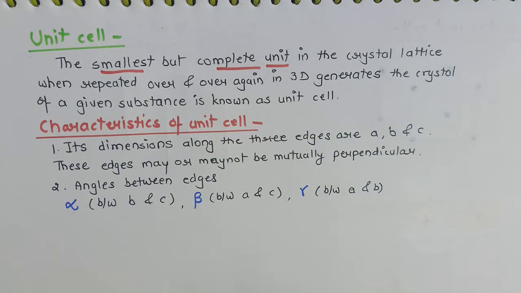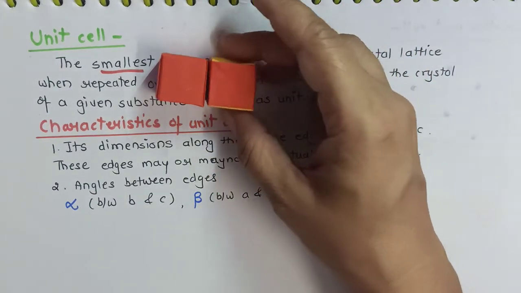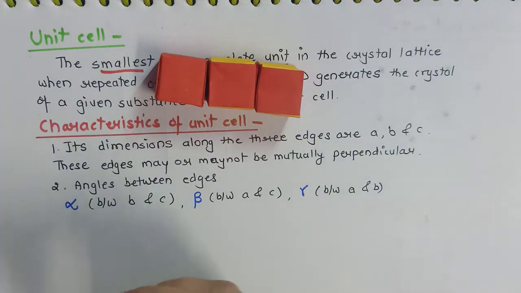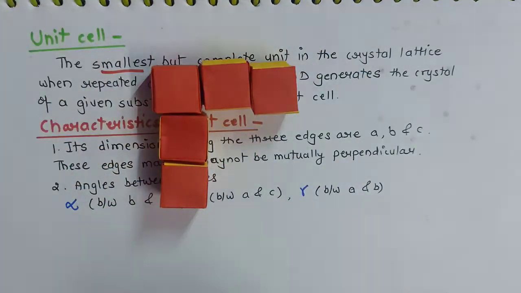When we arrange unit cells in 3 dimensions, in x, y, z axis, then we get a complete crystal lattice. I will try to show you. Now this is one simple unit cell. I will arrange them in the x axis, as well as in the y axis, also in the z axis.